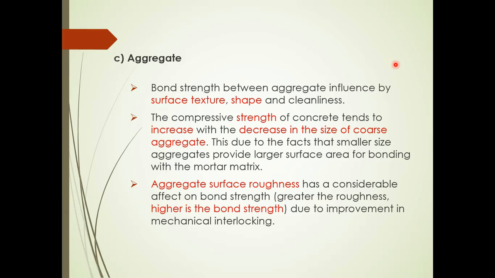Okay, so that's why the compressive strength will increase. And also if the aggregate is rough, it has higher bond strength, which leads to improvement in mechanical interlocking, so that it will improve our strength.